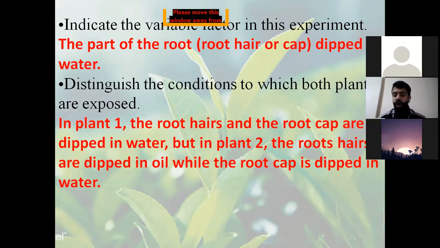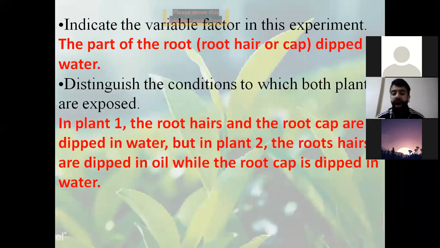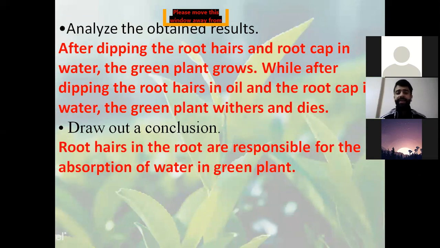In plant 1, the root hair and the root cap, both of them, are in water. It grows normally. While in plant 2, we have the root cap in water, like the first, but the root hairs are in oil. What happened? The plant withers and dies. Analyze.